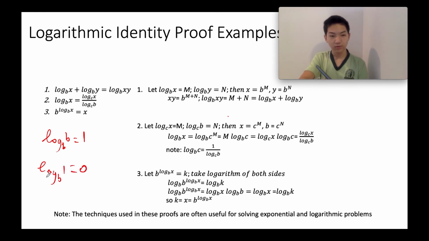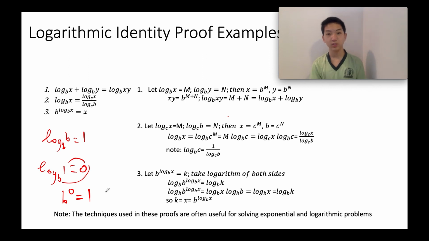Well, remember that you can just do the flip around thing to convert to an exponential expression, and we have b to the 0 equals 1. And that's always true except for when b is 0, but the base can't be 0, so that always holds true.